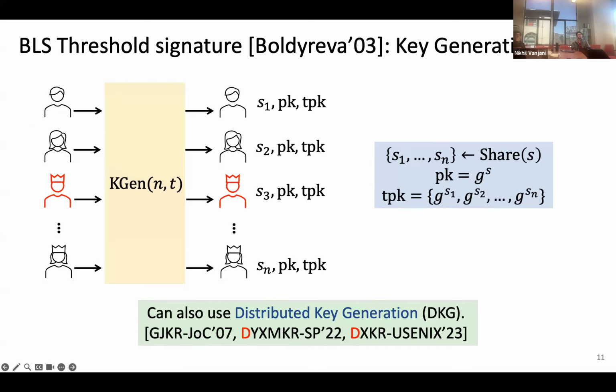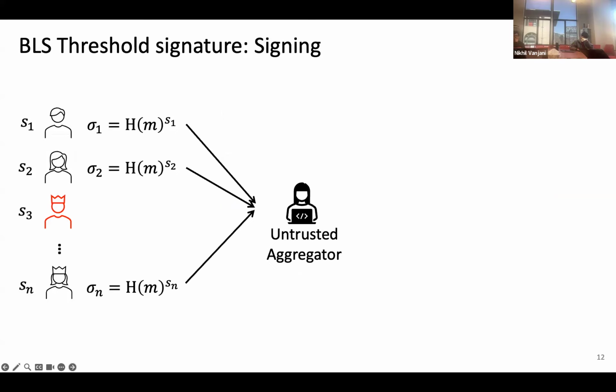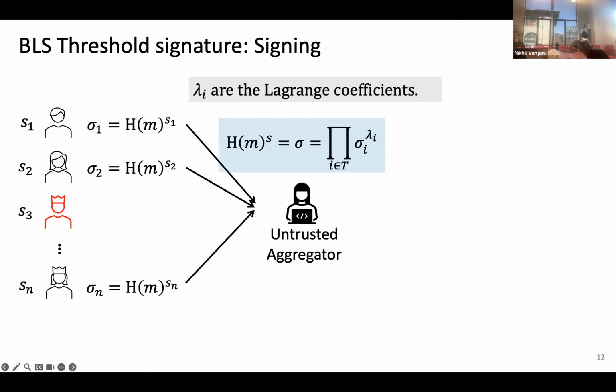Okay, so given we have the keys, in the signing step each party individually computes a BLS signature using its own signing key. You just hash the message and raise it to your individual signing key. So everybody will do the same in parallel. And we have an untrusted aggregator.